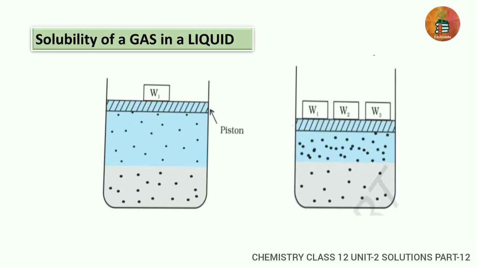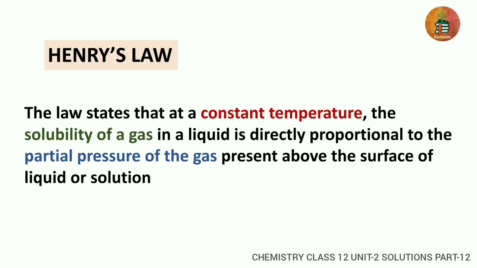This relationship was studied by a scientist called Henry, and he gave a relationship through a law called Henry's law. This law states that at constant temperature, the solubility of a gas in a liquid is directly proportional to the partial pressure of the gas present above the surface of the liquid or solution.